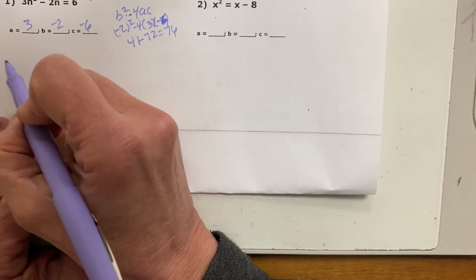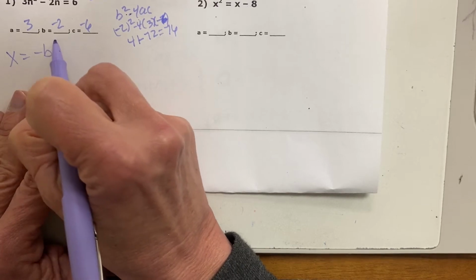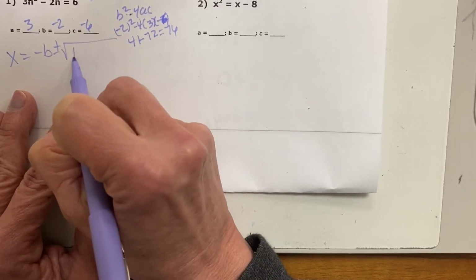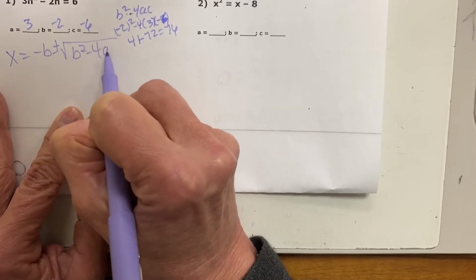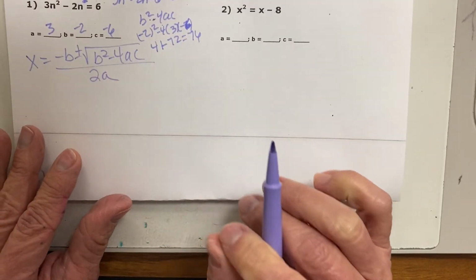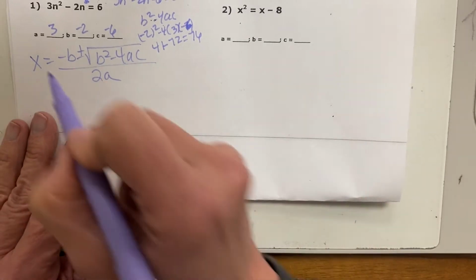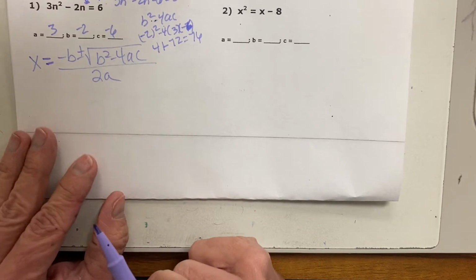We're going to write our formula. x is equal to negative b plus or minus the square root of b squared minus 4ac, all over 2a. I'm curious how many of you have the quadratic formula memorized after yesterday. Hopefully everybody does.